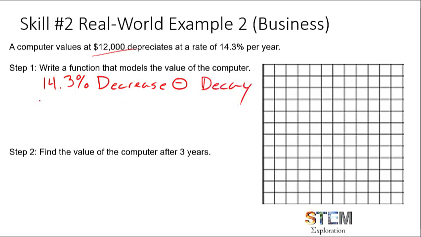And so if you remember, when we're trying to find the b value, this is going to be 1 plus r, and since it's a decay value, r is negative. R in this case is the decimal form of 14.3%. So we can say 1 minus 0.143, and this would be equal to 0.857.